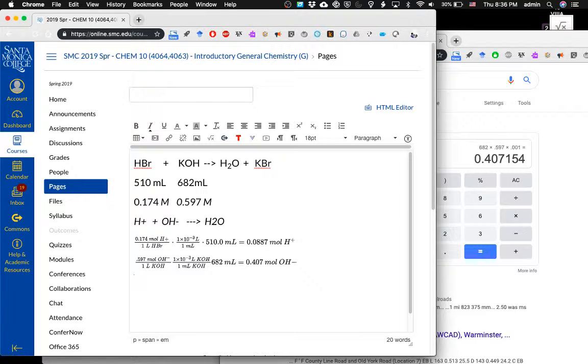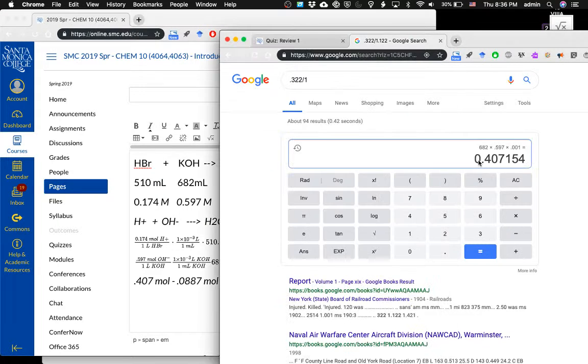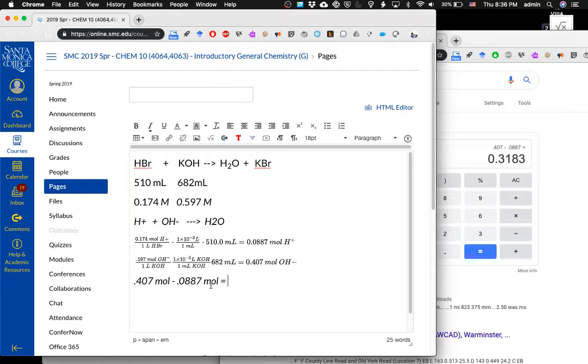So 0.407 moles minus 0.0887 moles equals, I can only have 3 digits after the dot here, 0.318. So this is 0.318 moles of what? Who won? OH minus won, because H plus was limiting. So the OH minus is left over.